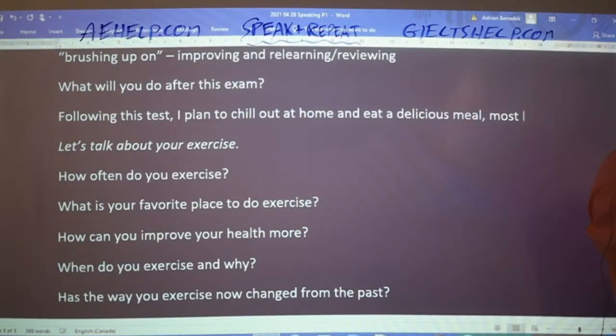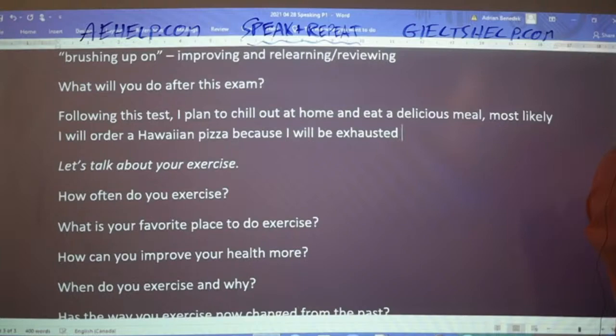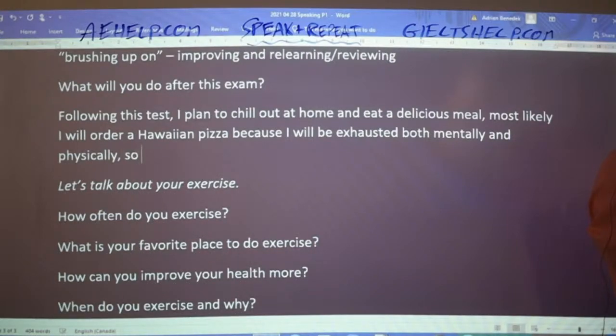Most likely, I will order a Hawaiian pizza because I will be exhausted both mentally and physically, so I do not want to bother with cooking and cleaning.